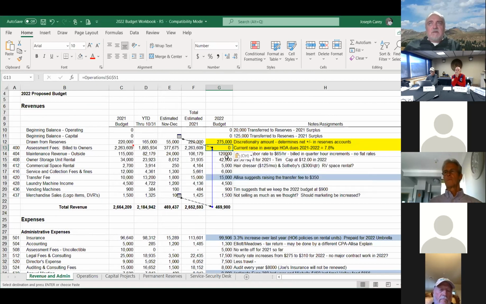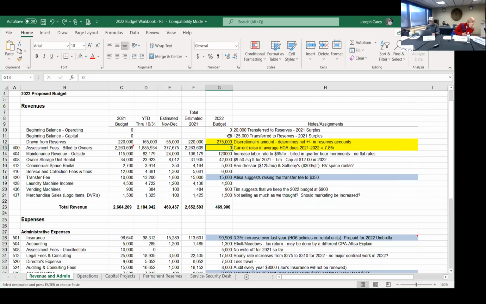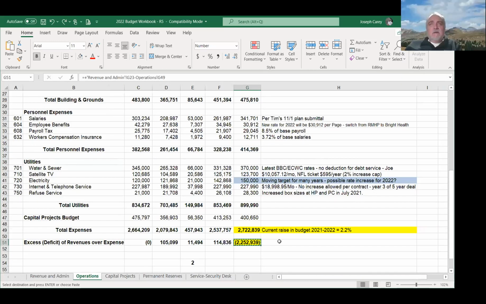I think you need to change the sign, Joe. And you don't copy it, just say equals that cell number. That will make sure that if you change that number over there in the net, it will automatically update your assessments. I was going to do that linking later, so I wouldn't be doing it in front of everybody, but yes. Okay, all right, 2252939. I'll just plug the number in.